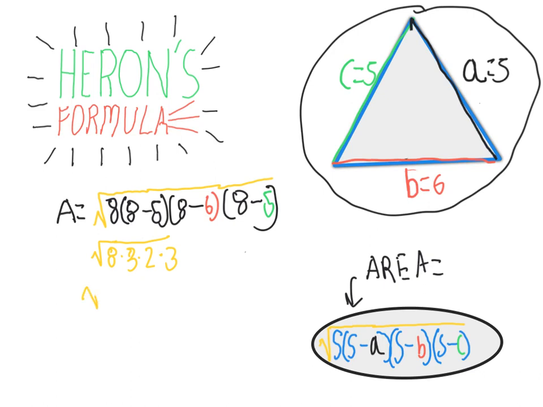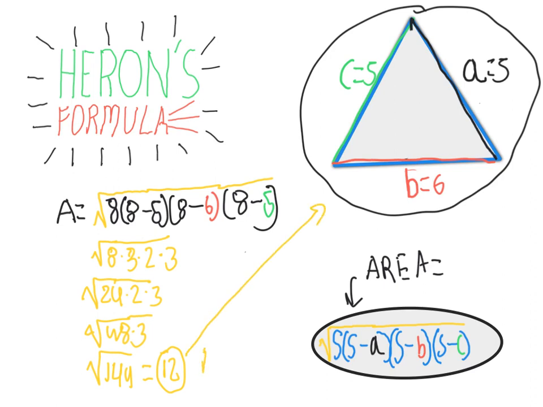Let's see what these are. 8 times 3 is 24, times 2 is 48, times 3 is 144. And we know the square root of 144 is just 12. So the area of this triangle is 12. Area equals 12.